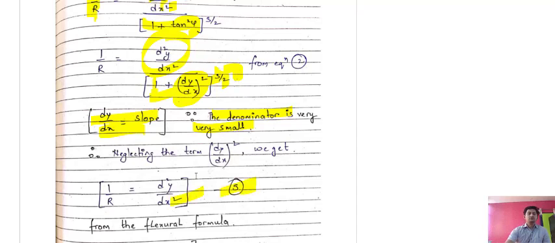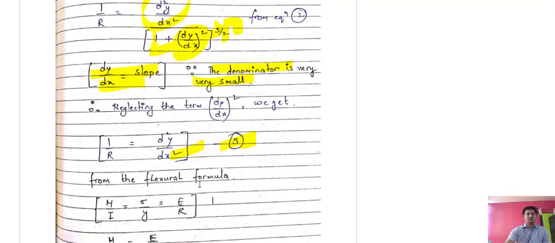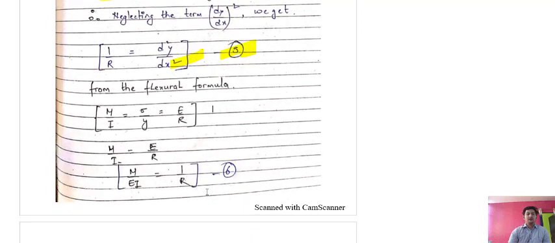Now when you reach this point, it is very easy. From the flexural formula that you have studied in strength of materials, M upon I equal to sigma upon y equal to E upon r. So from here I can use M upon I equal to E upon r.